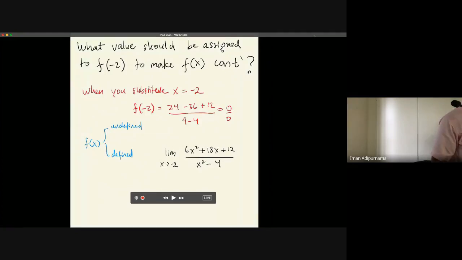We need to simplify the form and try to, maybe we can factorize this and find the real number value.